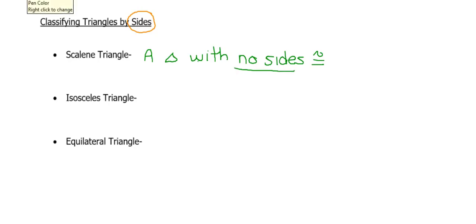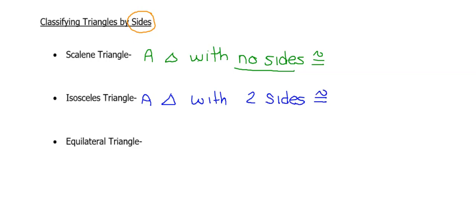And then we have an isosceles triangle, which is a triangle with two sides congruent. And then we have the equilateral triangle. This is a triangle with three congruent sides.